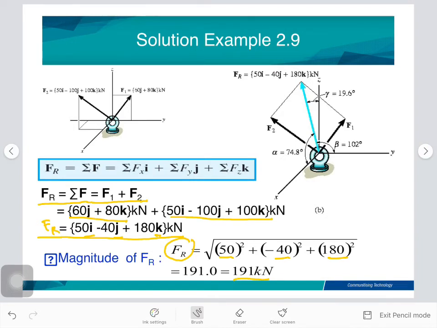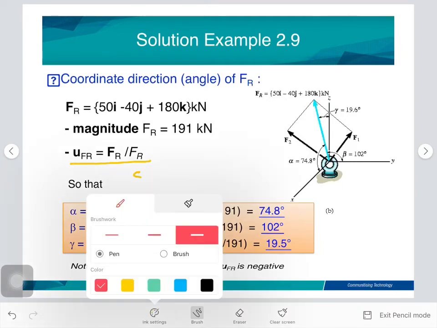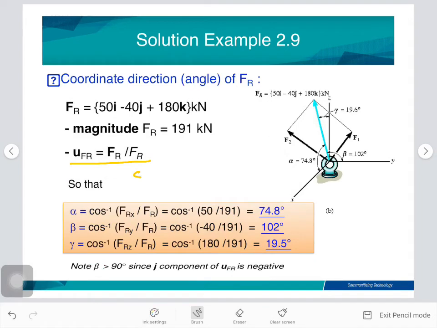Next, we want to determine the coordinate direction angles. So before that, we can use the unit vector here. So we understood that the unit vector is like this. So here we have unit force resultant is equal to cos alpha i plus cos beta j plus cos gamma k.